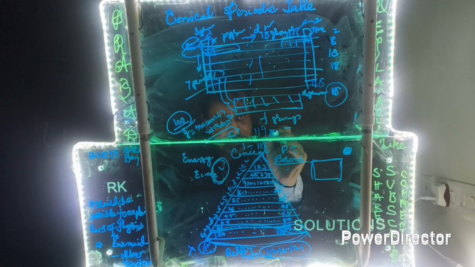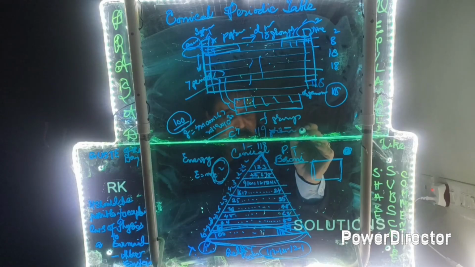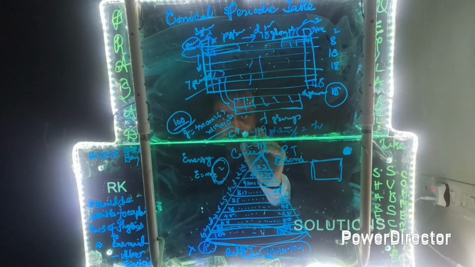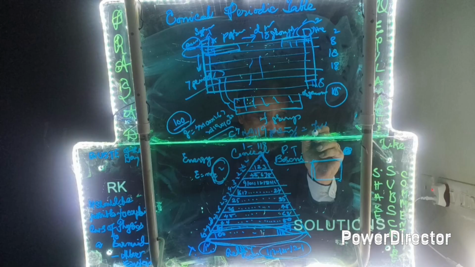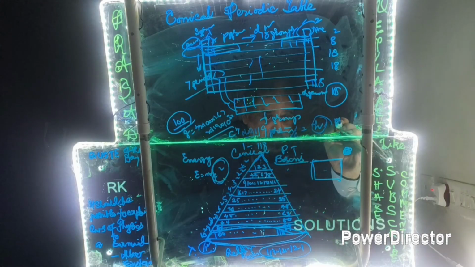The mass of 119 protons by C gives you the photon, the discrete packet of energy, which we basically call the quantum. Right? This is the quantum.